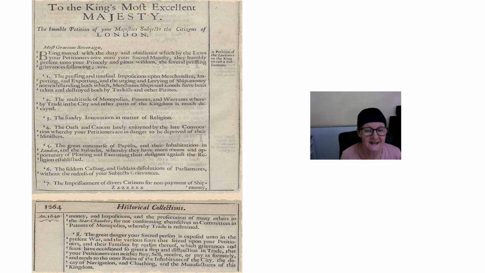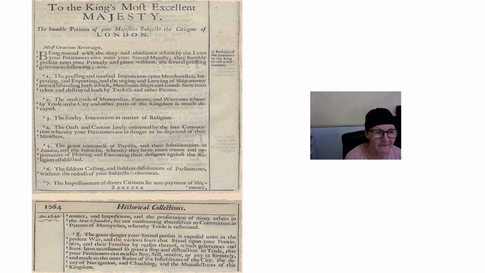I'll try and read a bit of it. I'll come over here, you won't be able to see me, but I'll try and read it. It says, be moved with the duty and obedience which by the laws your petitioners owe unto your sacred majesty.